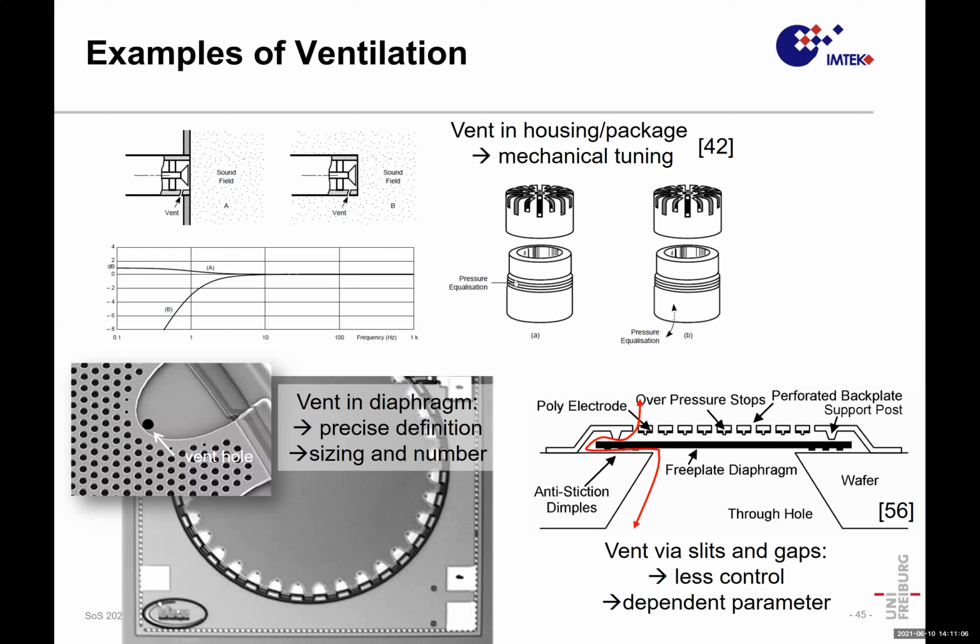So this is again not so easy control of ventilation. And it is a slit, not a hole, so the slit scales differently. It is for sure an issue in the design of such a kind of microphone, because you don't want to have it close at the edge. Okay, so we are starting to discuss pros and cons of designs already.